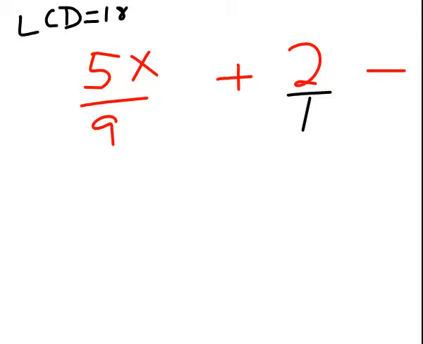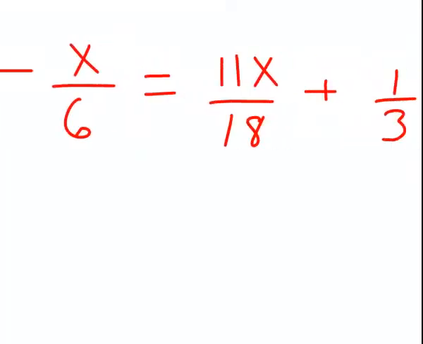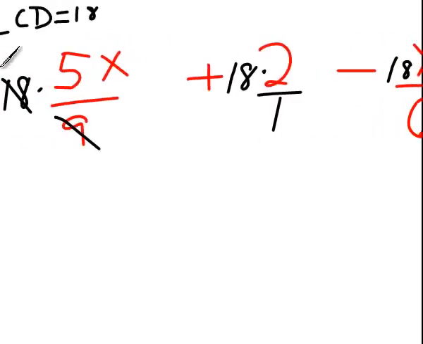Alrighty, let's see how you're doing. So we've got to multiply everything times 18. 9 can go in 18, and that's 2.